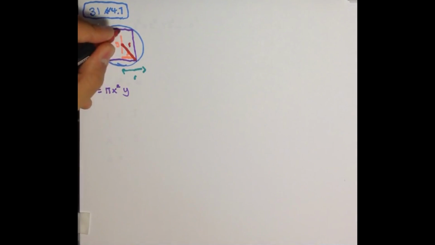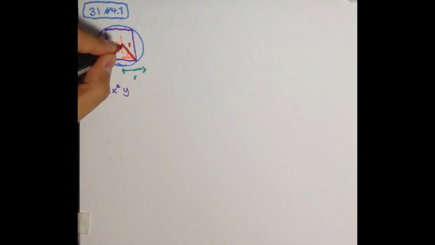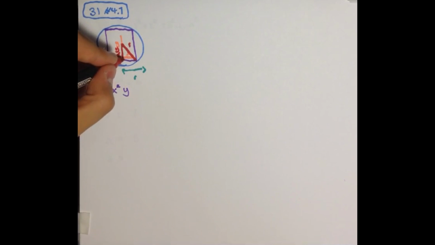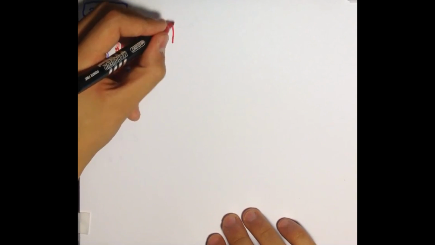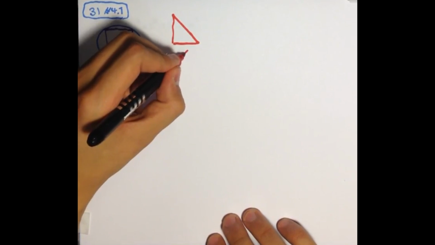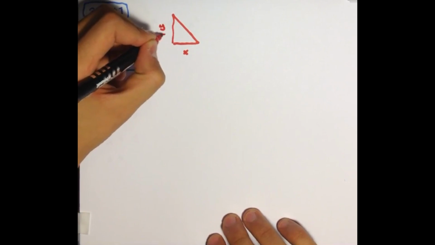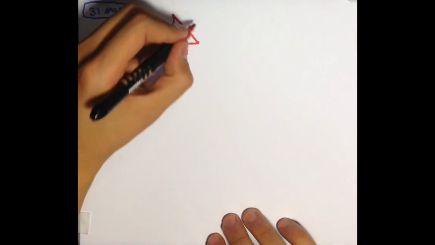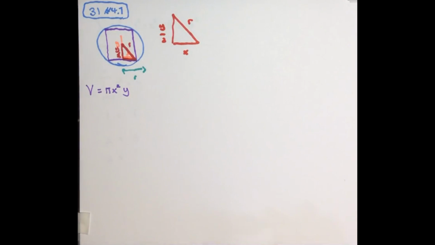It will be the height of the cylinder divided by 2 because it's right here, y, but we're splitting in half, so y divided by 2. And then our adjacent side will be just the radius of the cylinder. So we can pull out this right triangle. We'll have x, we'll have y divided by 2, and our hypotenuse will be r, the radius of the sphere.